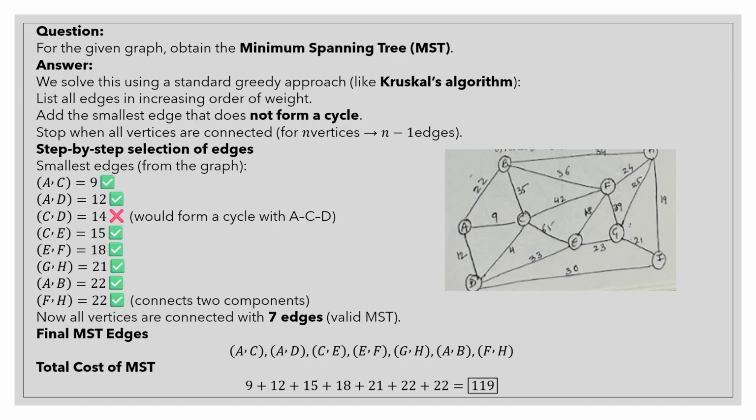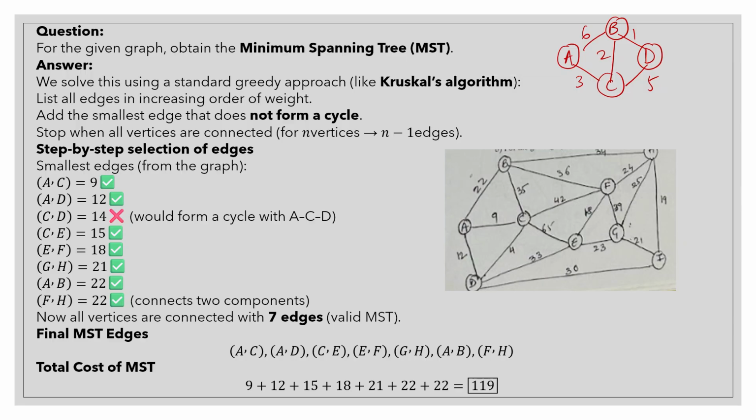Okay, so this is the next question. For the given graph, obtain the minimum spanning tree. Please try this question on your own. I'll first explain what an MST is. A minimum spanning tree is, like, I'll give a small example. Let's say A, B, C, D, and the weights are like this.